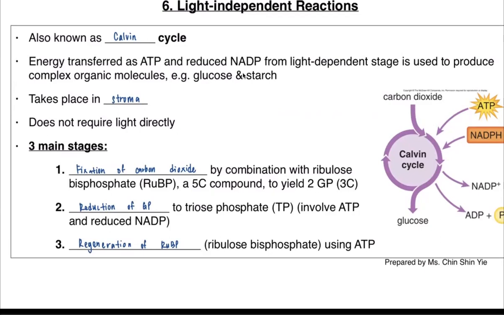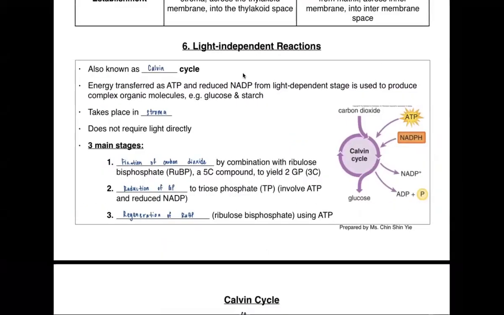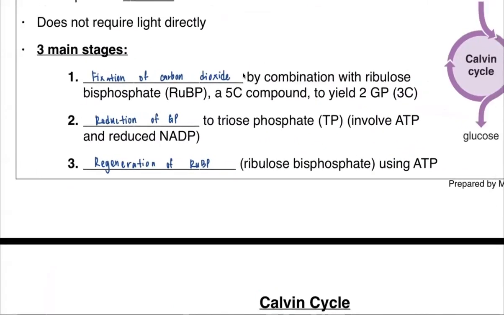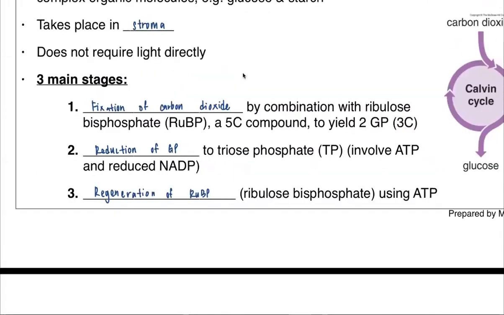If by photosynthesis we include glucose synthesis, at least half of the process can happen at night. That's why it does not require light directly, and therefore it's also called the light independent or dark reaction.